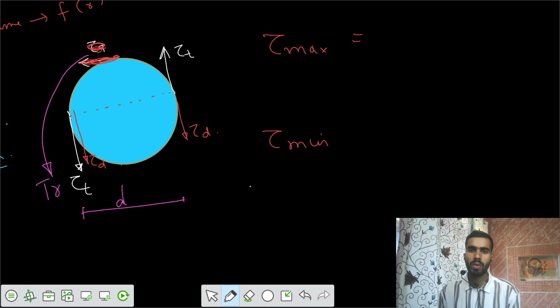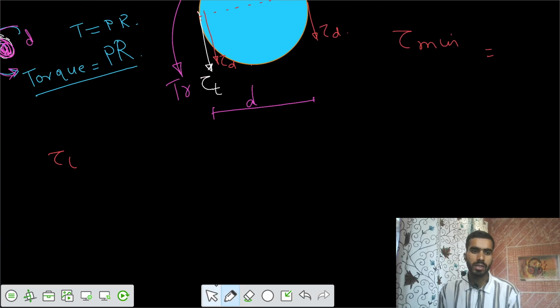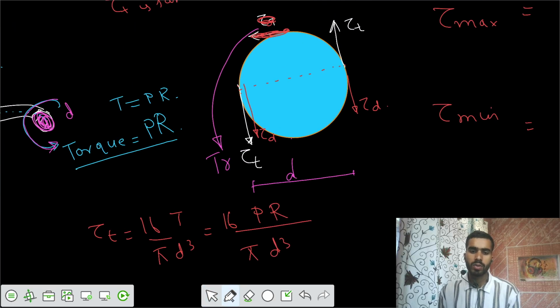So if we talk about tau max and tau minimum, can we get the values of tau t and tau d? I would say tau t is equal to 16T by pi d cube, and the value of T is P into R, where d is the diameter of the wire.